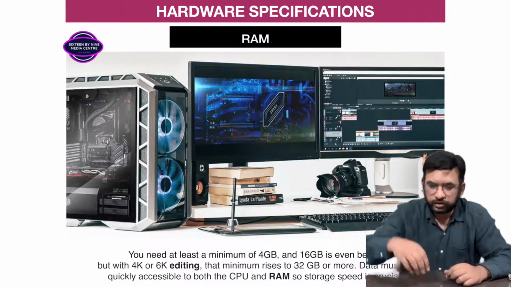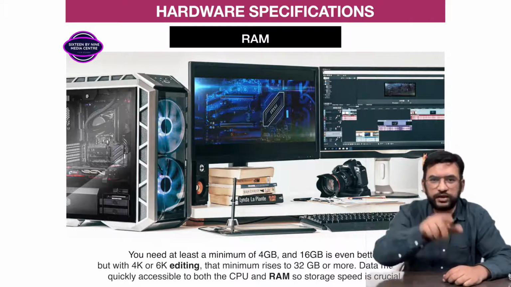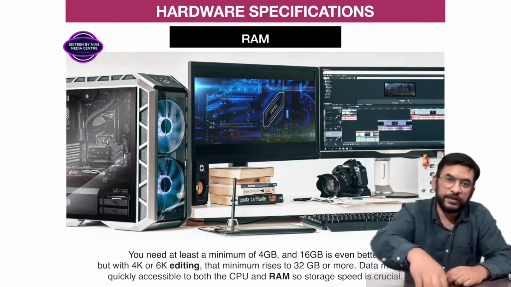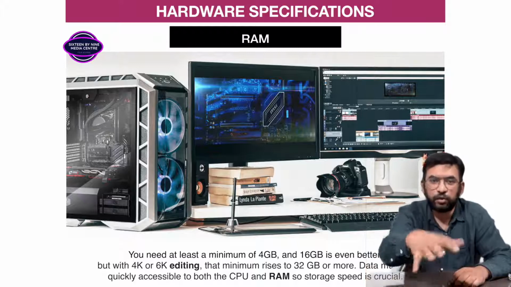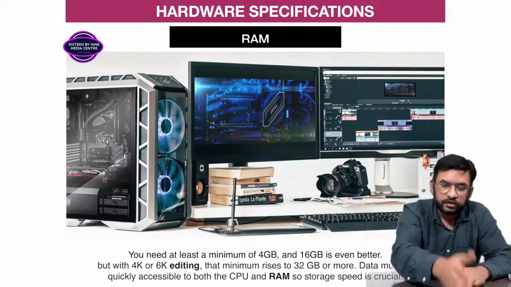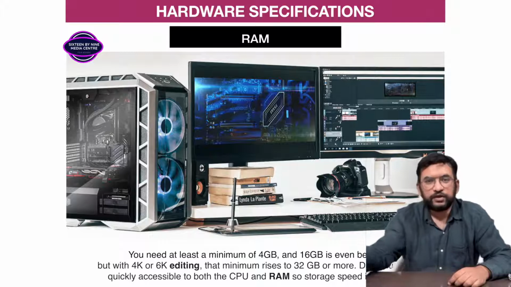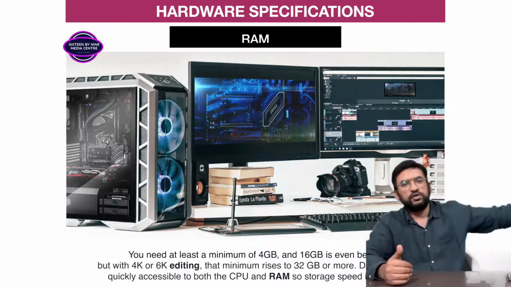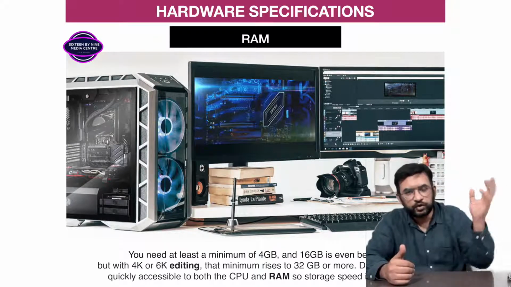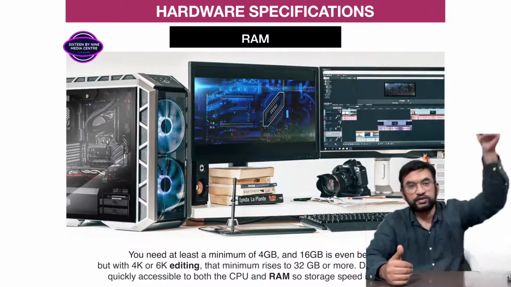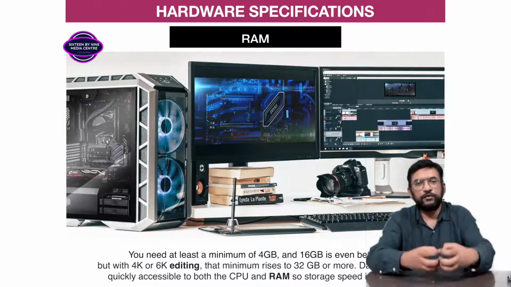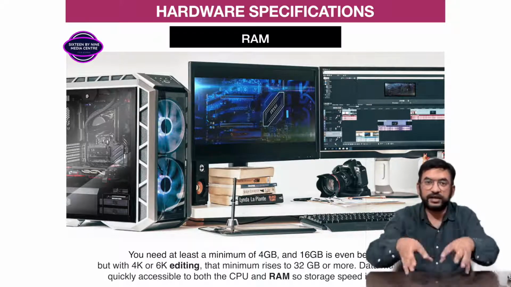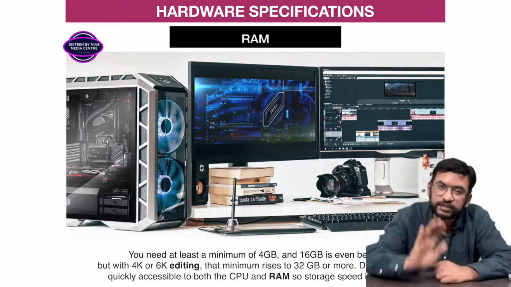So random access memory, randomly you can close this window and randomly you can click any window and it will open up to you because the CPU has directed RAM to store that memory for that time. So a longer period of editing where you are adding footages, you are downloading something from Chrome, you are making the cut, you are changing the footage, so your render file is also getting changed. If you have a 4 GB RAM, already all the current working space is filled by it, and that is why it becomes slow.